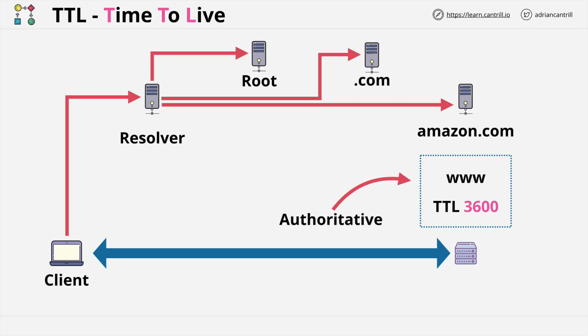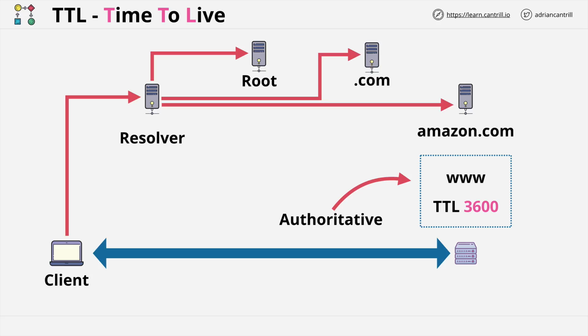So you get an authoritative answer by talking to a name server which is authoritative for that particular domain. So if I query the name server for Amazon.com and I'm querying the www record in Amazon.com, then I get back what's known as an authoritative answer. And that is always preferred because it's always going to be accurate. It's the single source of truth.